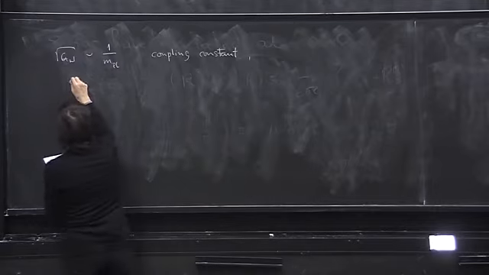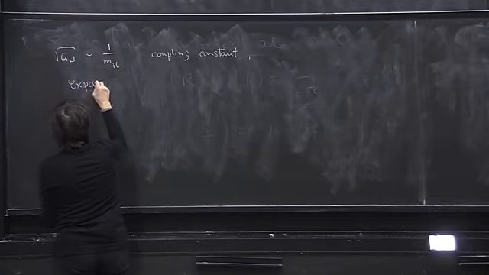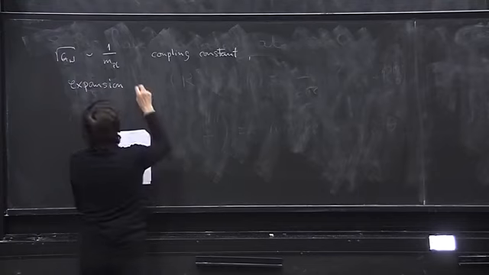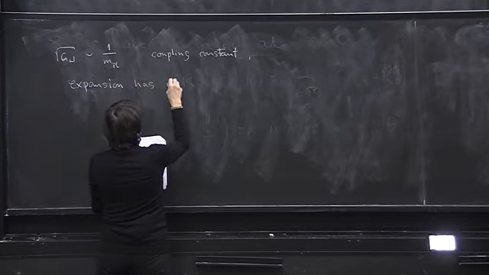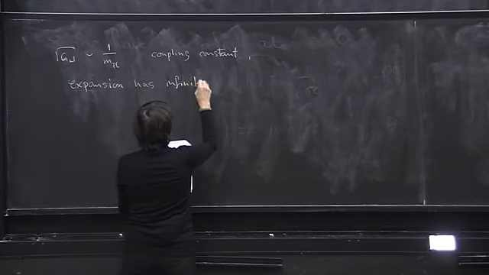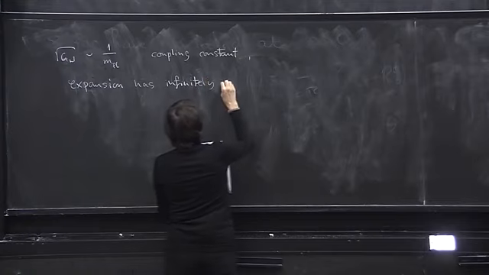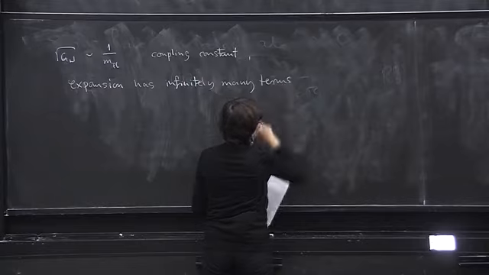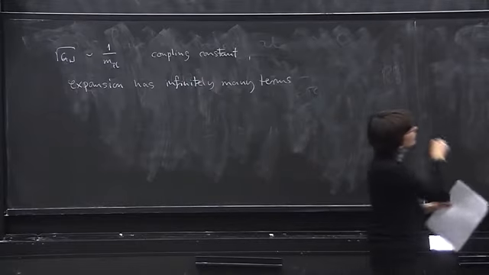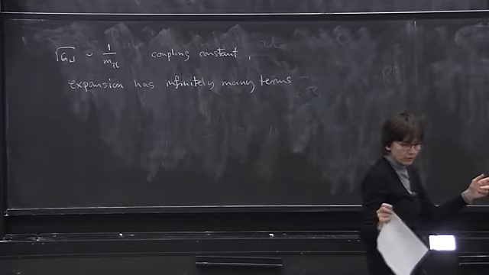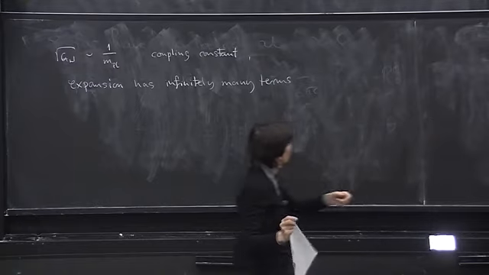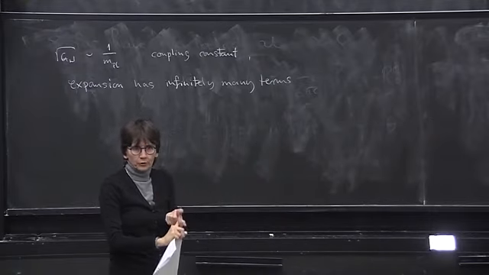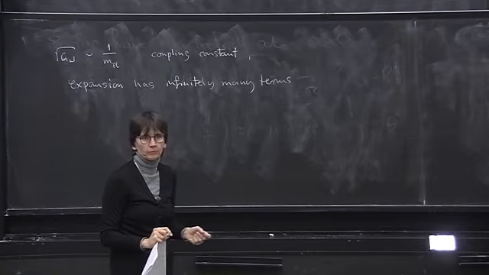So the expansion of the Einstein action has infinitely many terms. And the reason for that is that the original Einstein-Hilbert action, either written in terms of g_mu_nu or written in terms of f_mu_nu, is not polynomial.